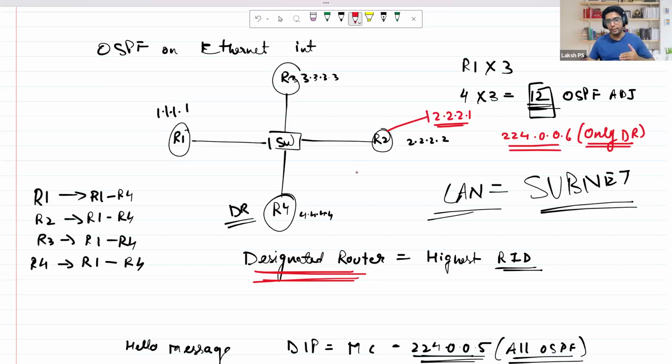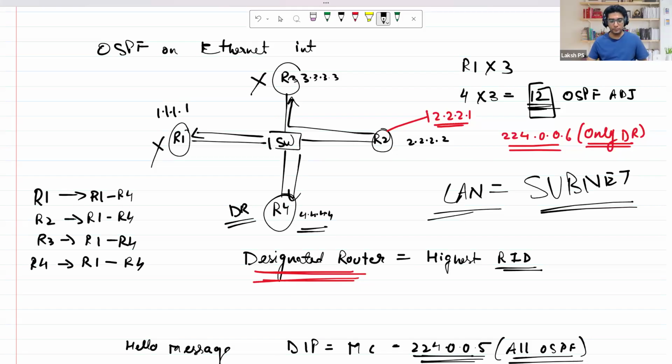In our scenario, R4 is the DR. With a switch in this scenario, 224.0.0.6 will reach R3, R1, and R4 as well. However, 224.0.0.6 is a DR-only multicast address, and since R1 and R3 are not DRs, they will not accept this message or update. The update will be learned only by R4.